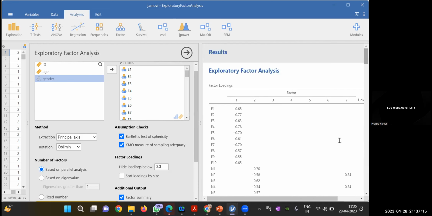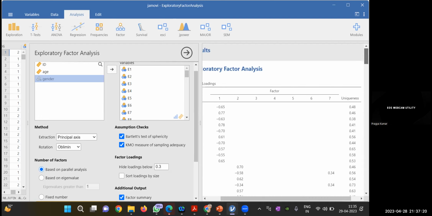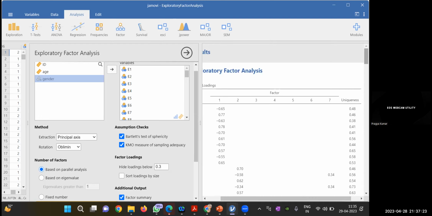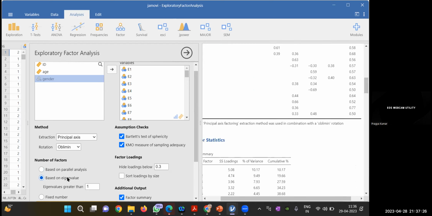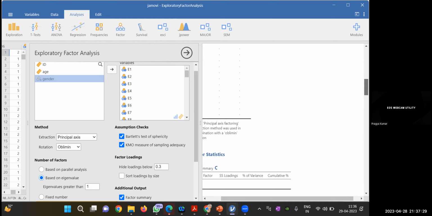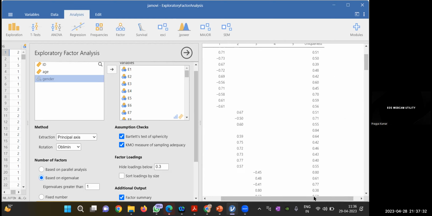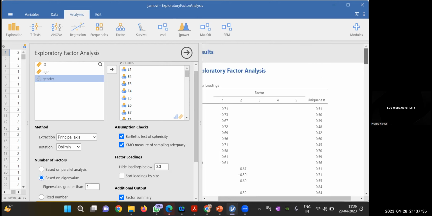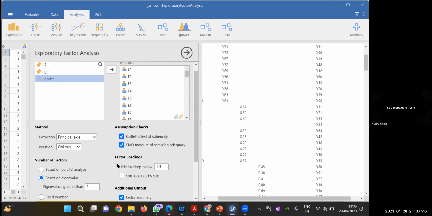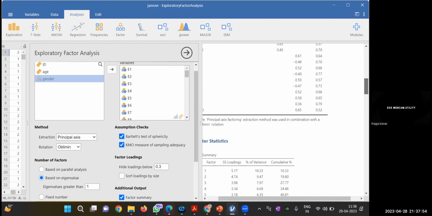With parallel analysis it is giving you 7 factors here, but if you take the eigenvalue, it gives you 5 factors. If you change these options, the number of factors will change. And these are the blank spaces because I have hidden the loadings below 0.3.